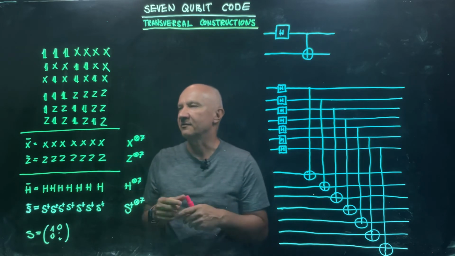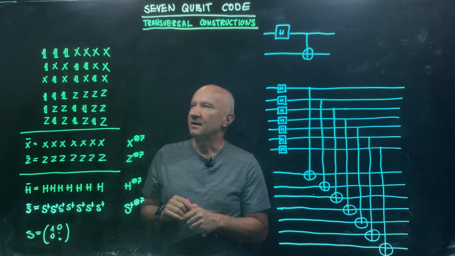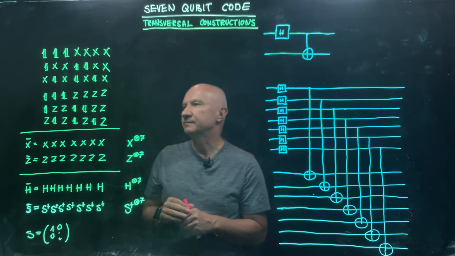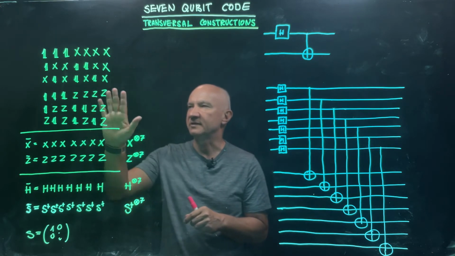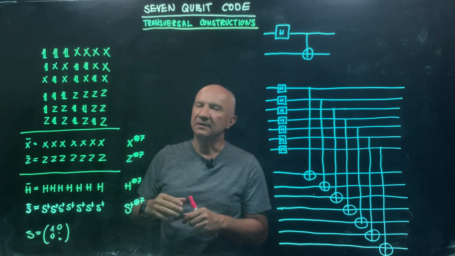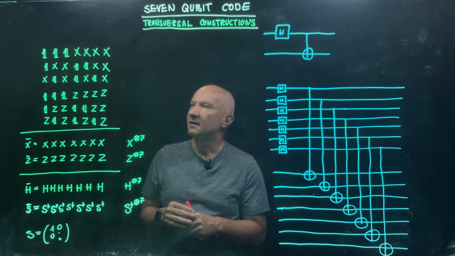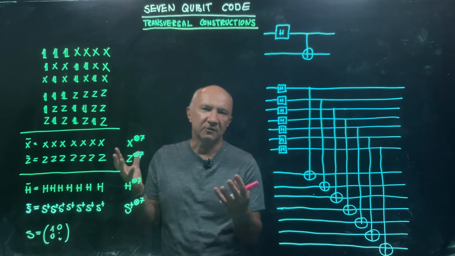And then you can convince yourself that all single qubit errors on any of the 7 qubits will lead to different error syndromes. And there are many other errors that will lead to different error syndromes, but at least this code will correct for any single qubit error.